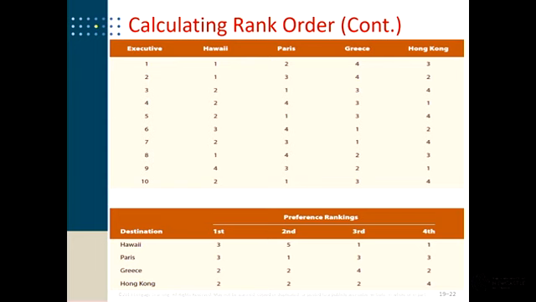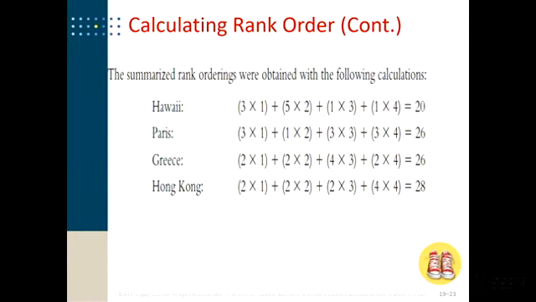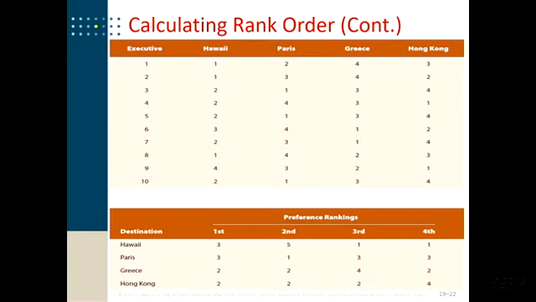Now, how the rank order actually works. Look at this calculation. Okay? What we have done is simply some numeric calculation. In this case, if you go back, 3 first, 5 second, 1 third, 1 fourth. So what we are doing is multiplying 3 by 1, 5 by 2, 1 by 3, 1 by 4.